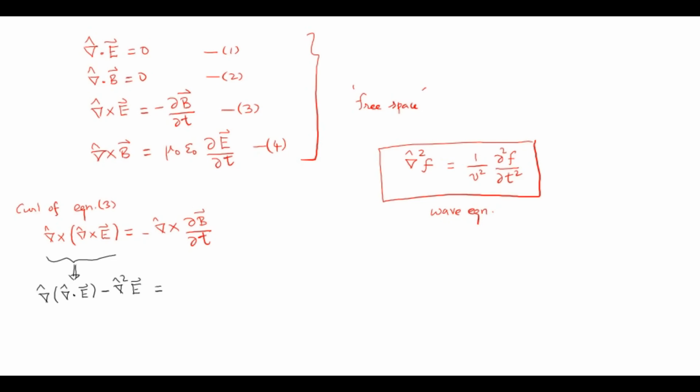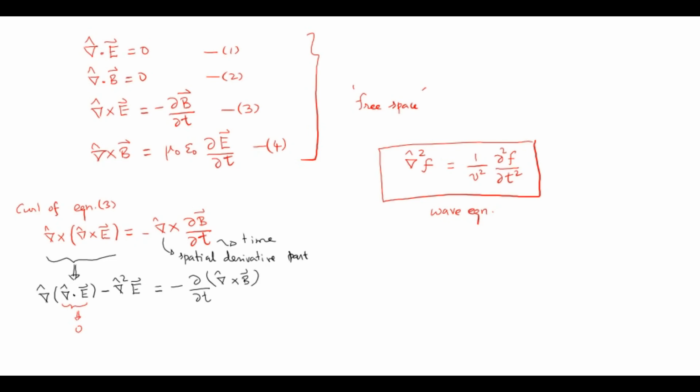On the right hand side, this is purely the spatial derivative part, and here it is the time part, right? They are independent, so I can flip the order. Therefore the partial derivative I will take outside, and the curl I take inside. Since we are working in free space, the first term is 0 by equation number 1.